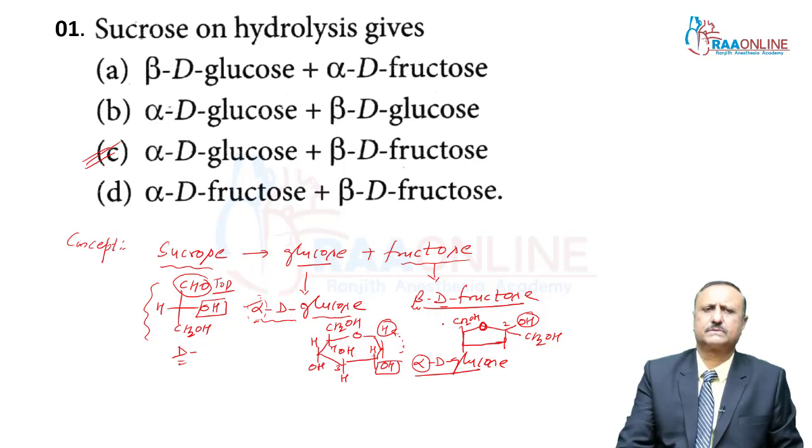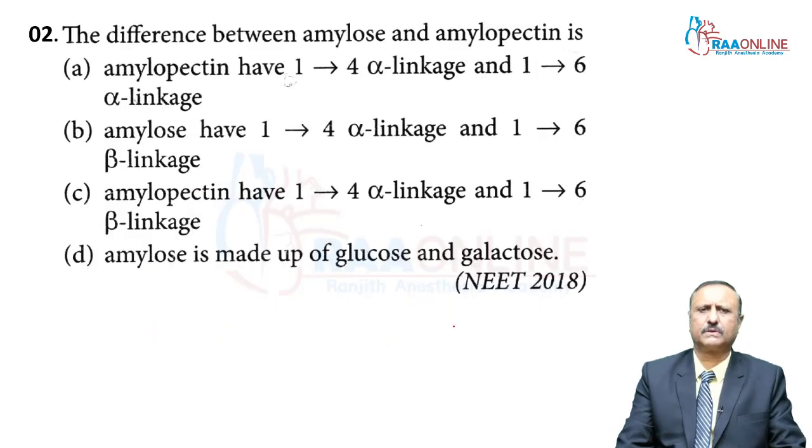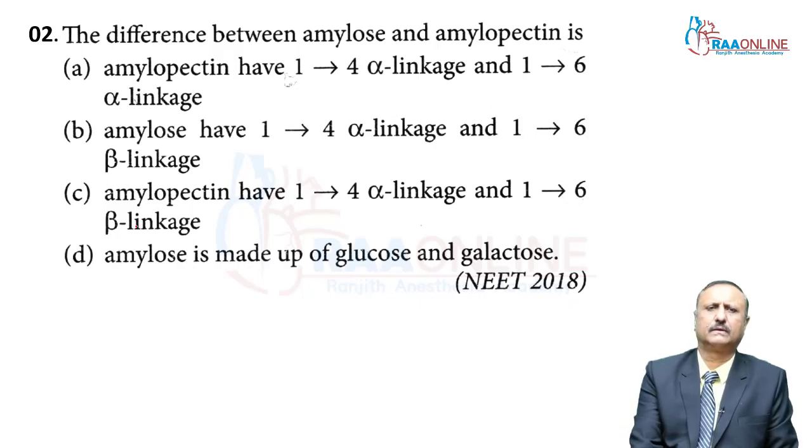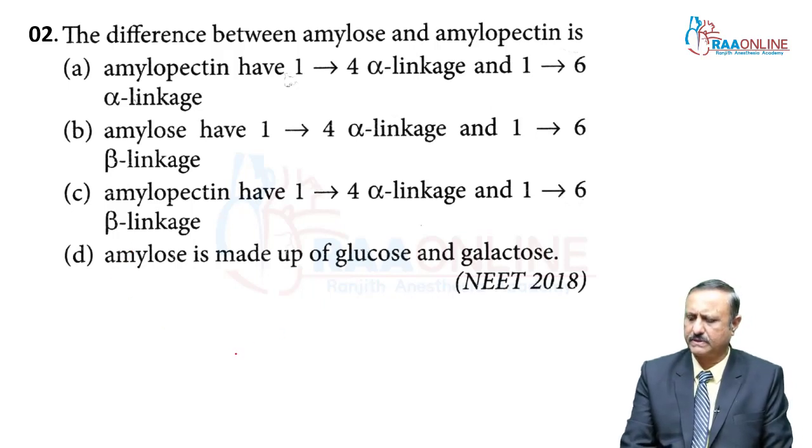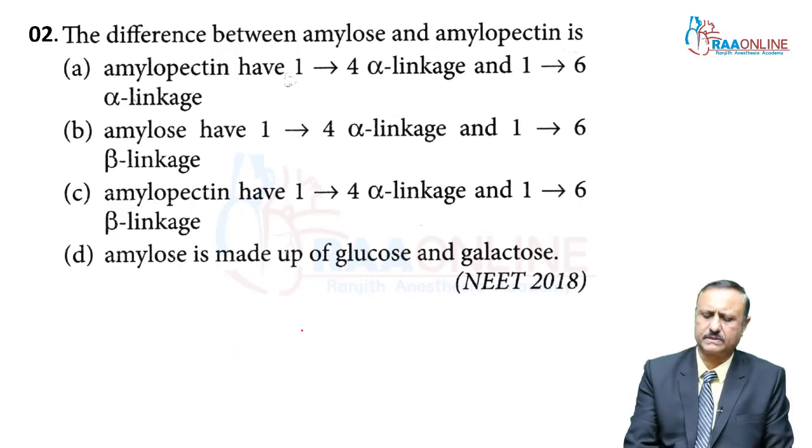Okay. Here my dear students, we can see question number 2. The difference between amylose and amylopectin is asked here; this question was asked in NEET 2018, a previous year question. My dear students, amylose and amylopectin are present in which compound? These are present in starch.